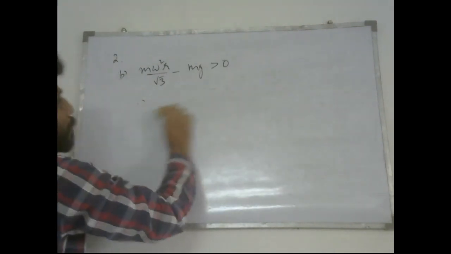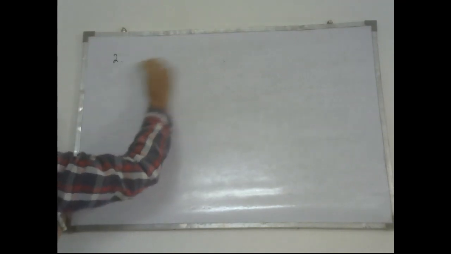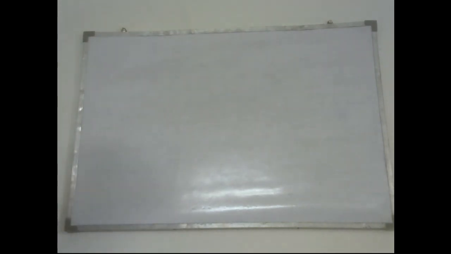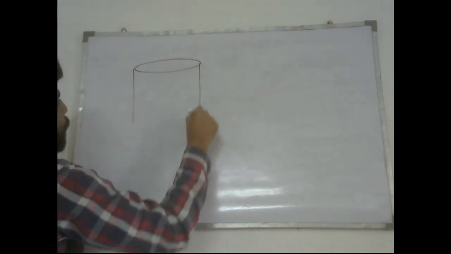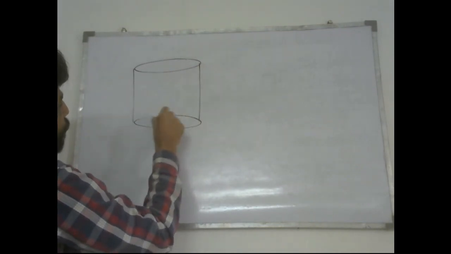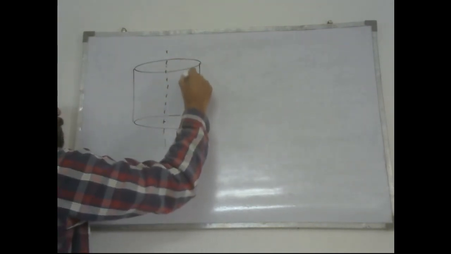So you have a hollow cylinder, and on the inner surface of the cylinder we will be having a block, and that block has some mass, and it would try to slide down. So how can we stop the mass from sliding down?